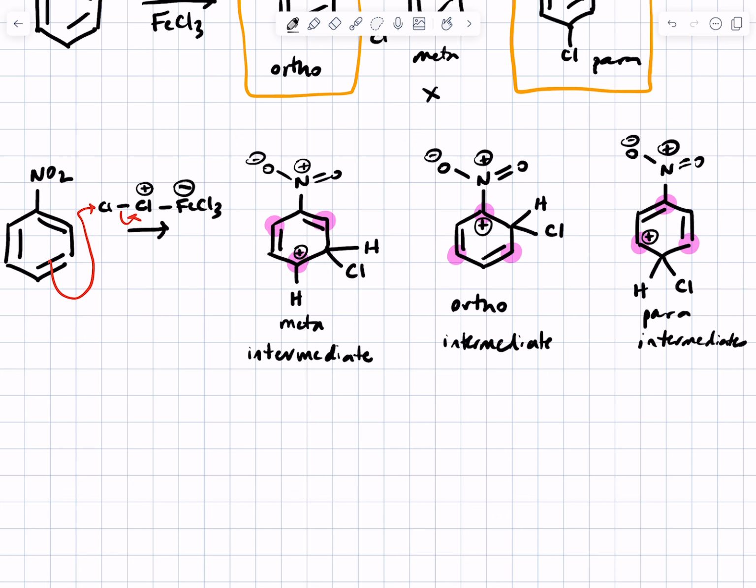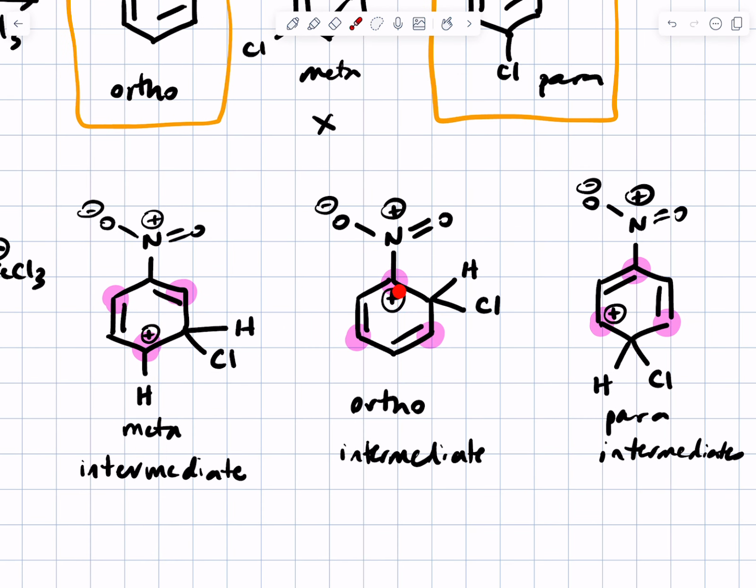Now, looking at stability, which do you think is better, the meta intermediate or the ortho and para intermediate? Meta. What is less good about ortho/para?